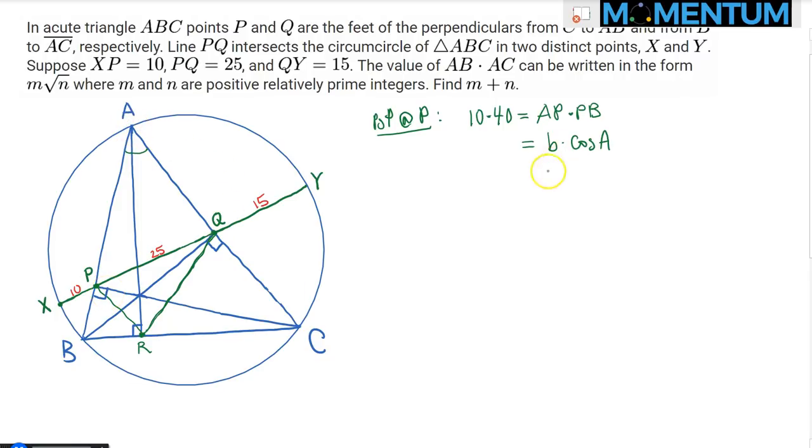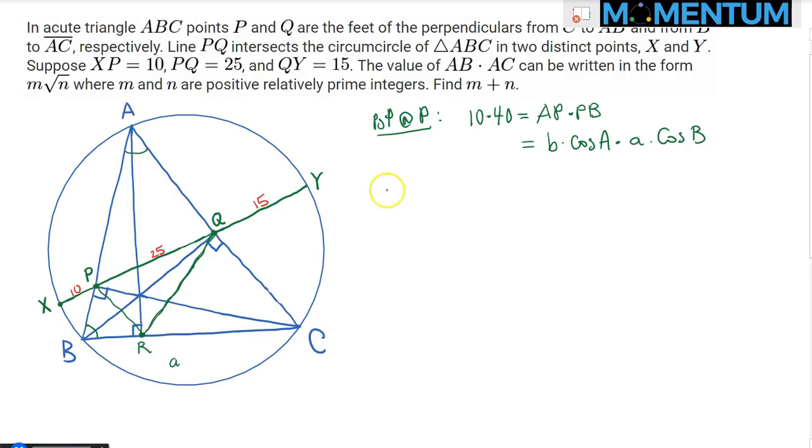AC is B, and so therefore AP would be just B cosine A. And by the same token, PB can also be represented in terms of angle B, I should say. Angle B is here, and this one is measurement A, so therefore this would be A times cosine of B.